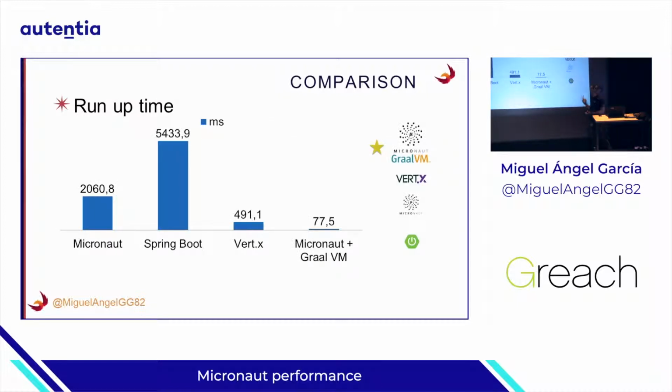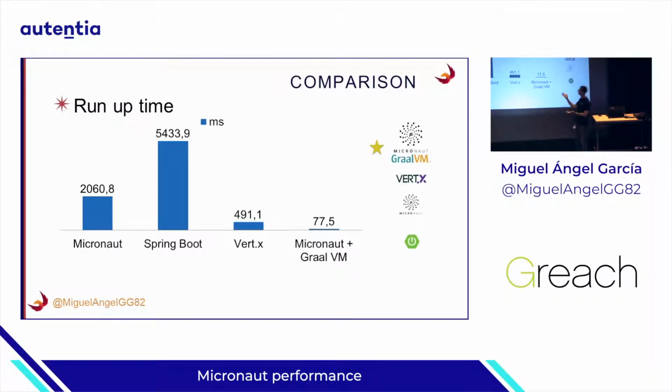Let's go with the first graph, run-up time. Here you have the results, and on this side you have the ranking of the frameworks, and the framework with the best performance is ranked with a star.